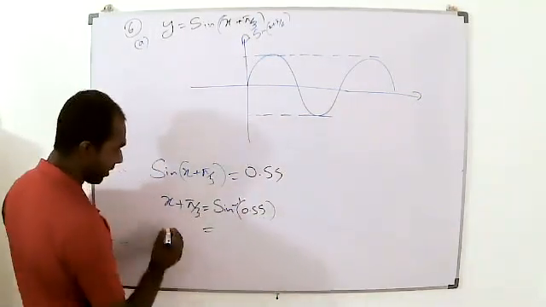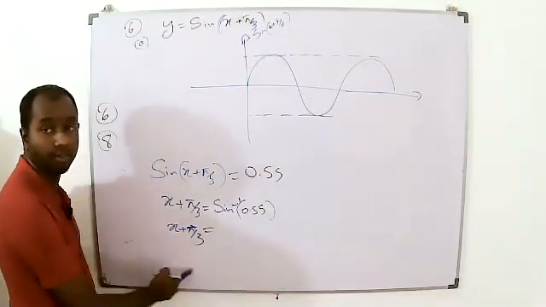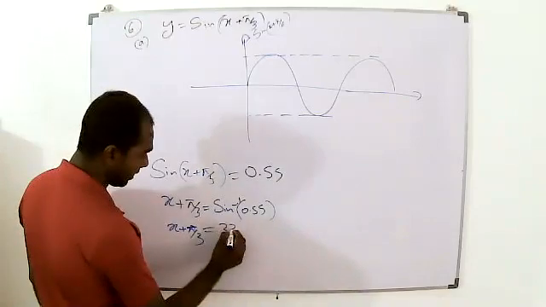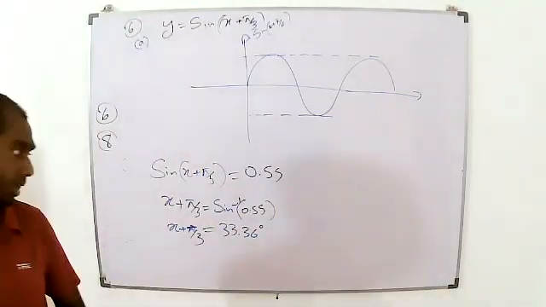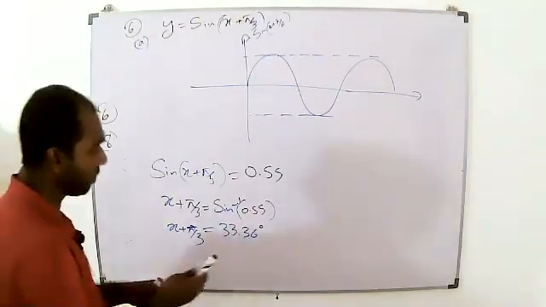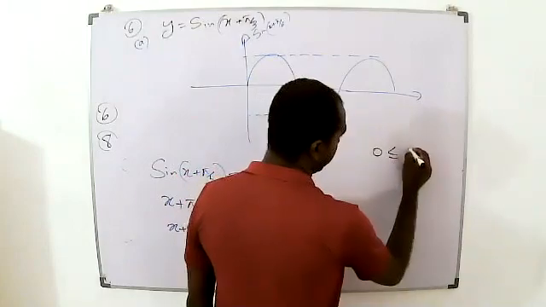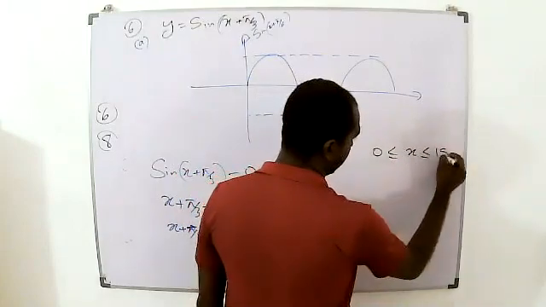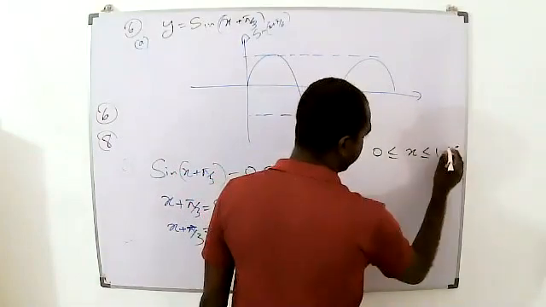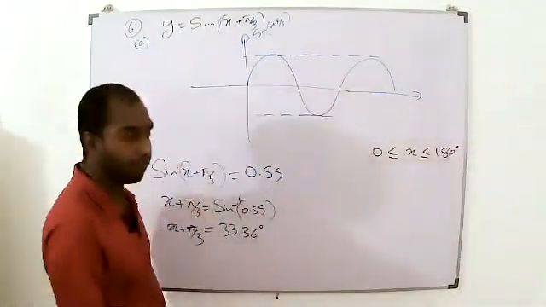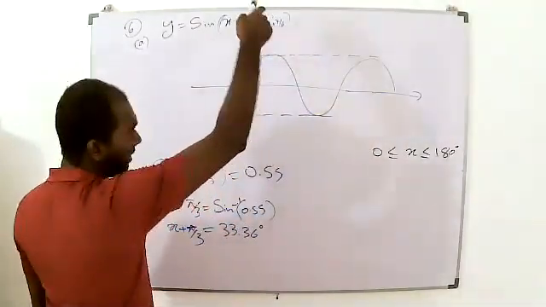What is the value? From the calculator you can have 33.36 degrees, no? That's the value you get from the calculator. Then we have to be careful about our range. The range was given 0 to 180 degrees. I will use degrees here to reduce confusion.